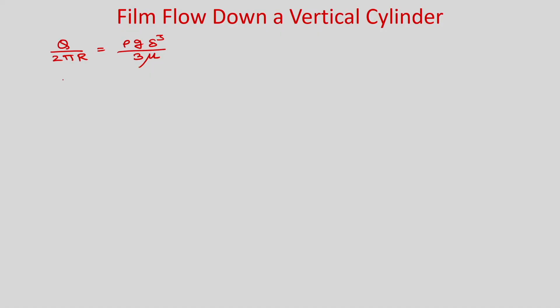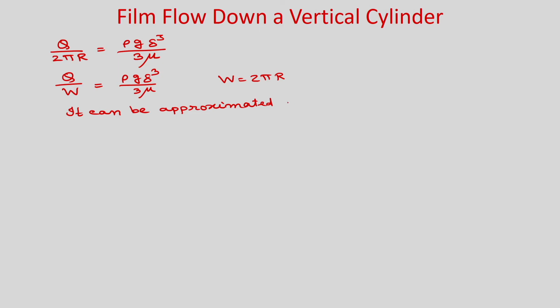So, that means it will be q by w equals rho g delta^3 by 3 mu, where w is equal to twice pi r. So, you can see that it can be approximated as a thin planar film.